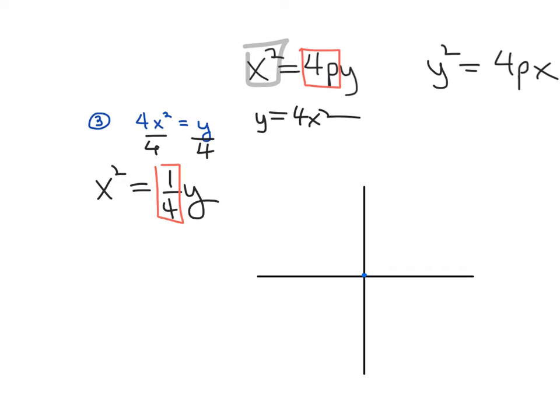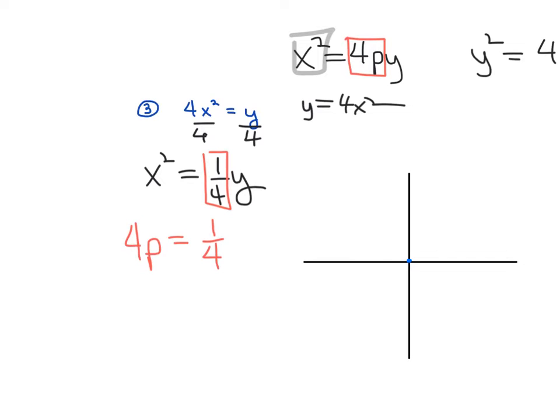Now I need to find the value of p. So I'm going to set 4p equal to 1/4. You can either treat this as a proportion, adding a 1 under the 4p, or just know that you're dividing both sides by 4, which is really multiplying by the reciprocal.